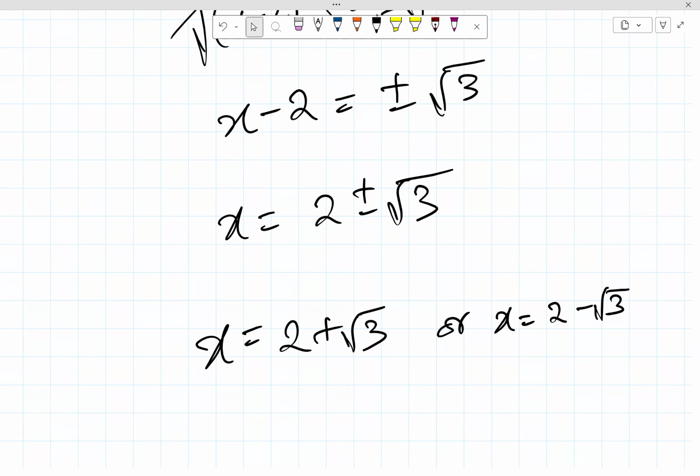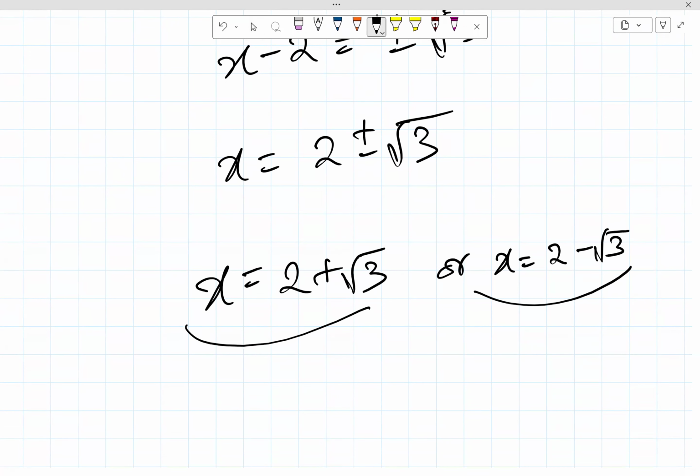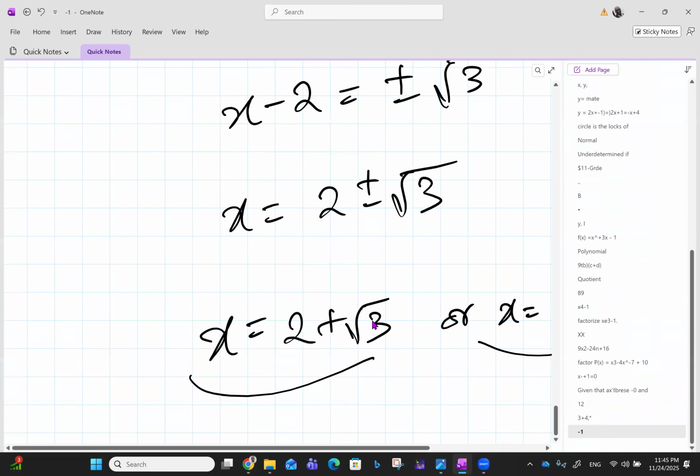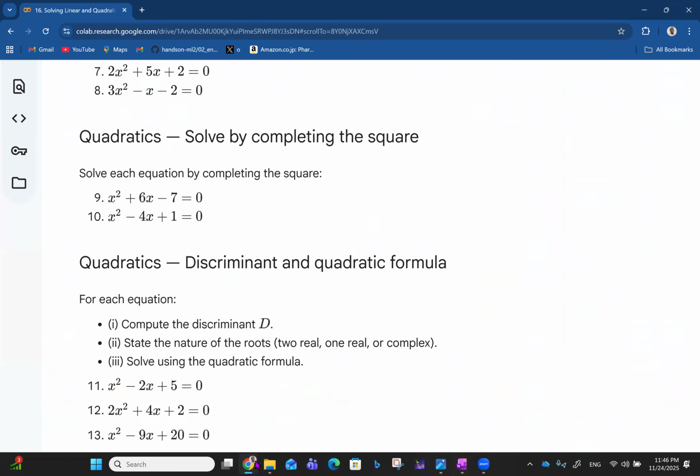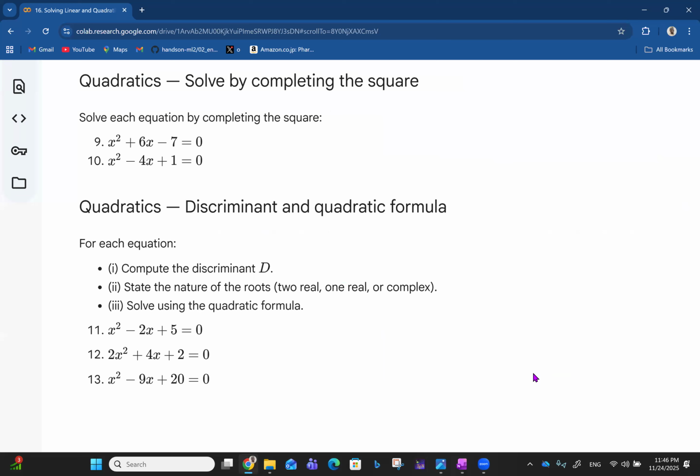Of course, you can go further and take root 3 as 1.732, or you can also leave them this way. That's by completing the square. Because this 3 is not a perfect square, we have irrational values, distinct roots which are irrational.